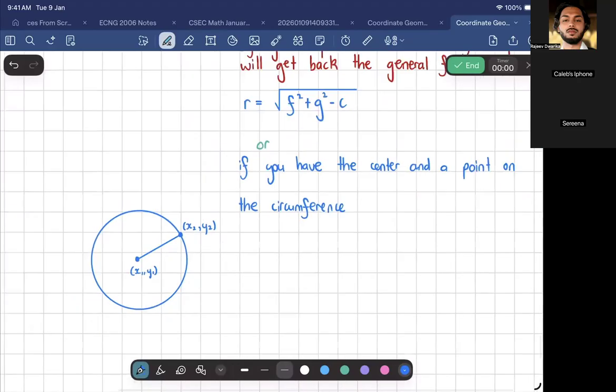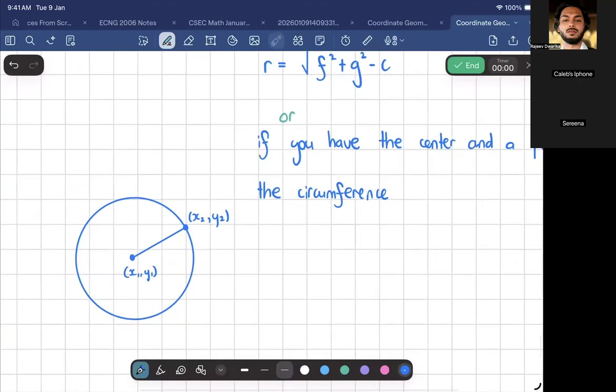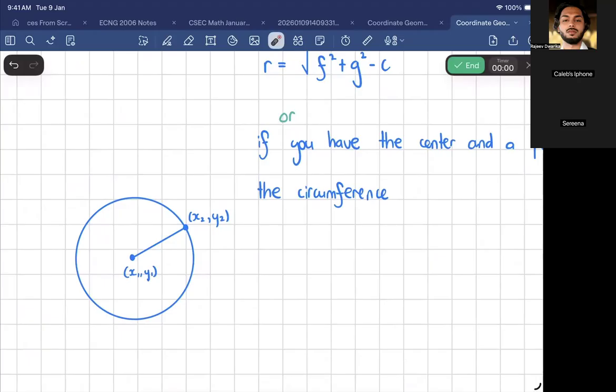So Caleb, you there? Yes, sir. Caleb, if I have a point at the center and a point on the circumference, if I find the length of this line, that will give me the length of the what? Circle. No, the length of the radius. Remember, the line from the center of the circle to the circumference is the radius.